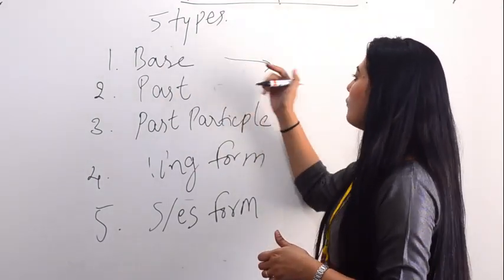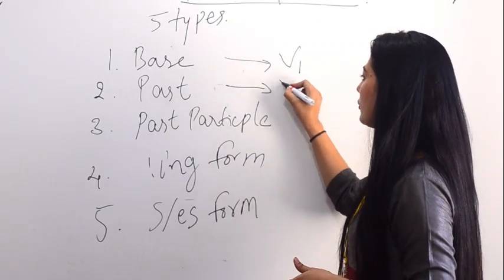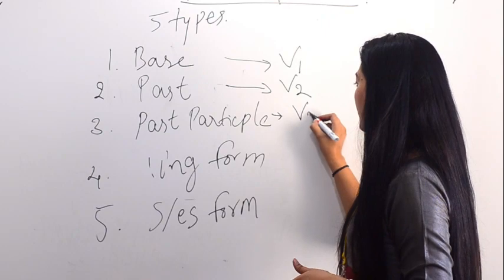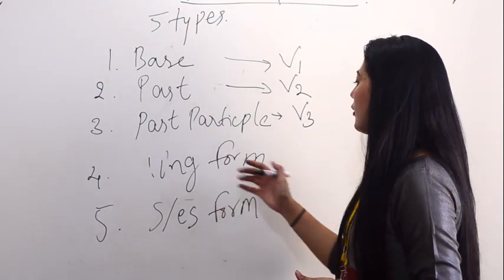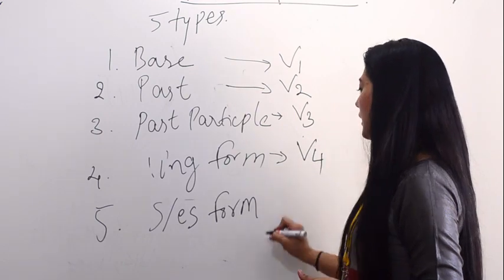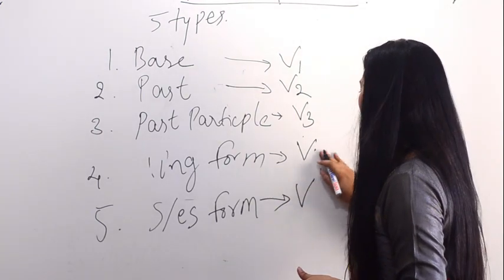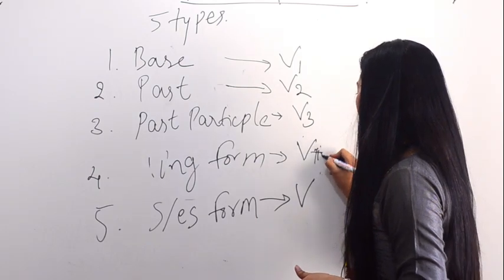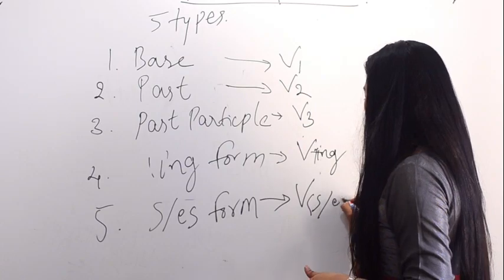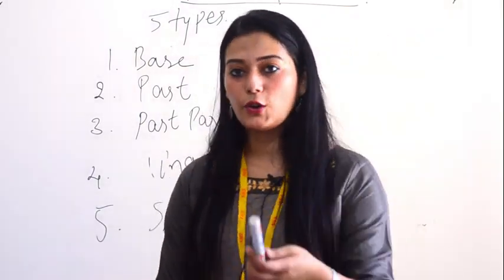Now base form we will denote as V1, past form as V2, past participle as V3, ing form as V4, and for the s/es form, V plus ing we can write, and for s/es, V plus s/es. Alright, moving on to case.